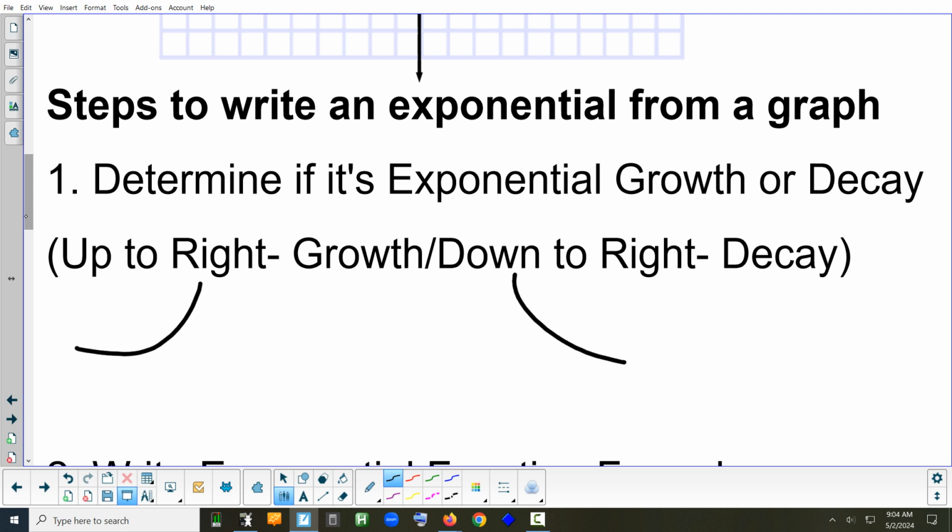I forgot one word there. It should say function: steps to write an exponential function from a graph. First, determine if it's exponential growth or decay.